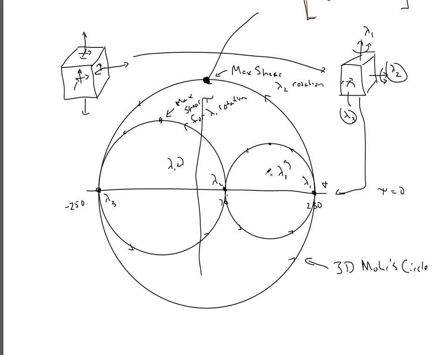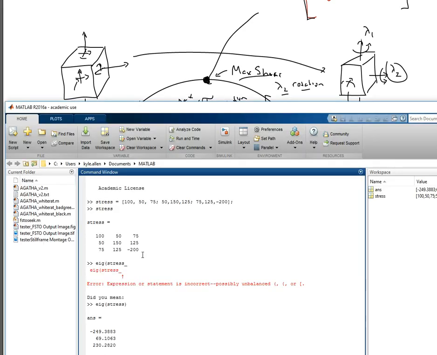If I think about a material that's isotropic, so it's the same in all different directions, then I probably don't really care about this shear or this shear and how it might fail my material, because remember, it's the same in all possible directions. So really only this one max shear element ends up mattering to me, or this lambda 2 rotation, or the middle eigenvector. Typically MATLAB will spit out eigenvalues from smallest to largest. I actually labeled this incorrectly.